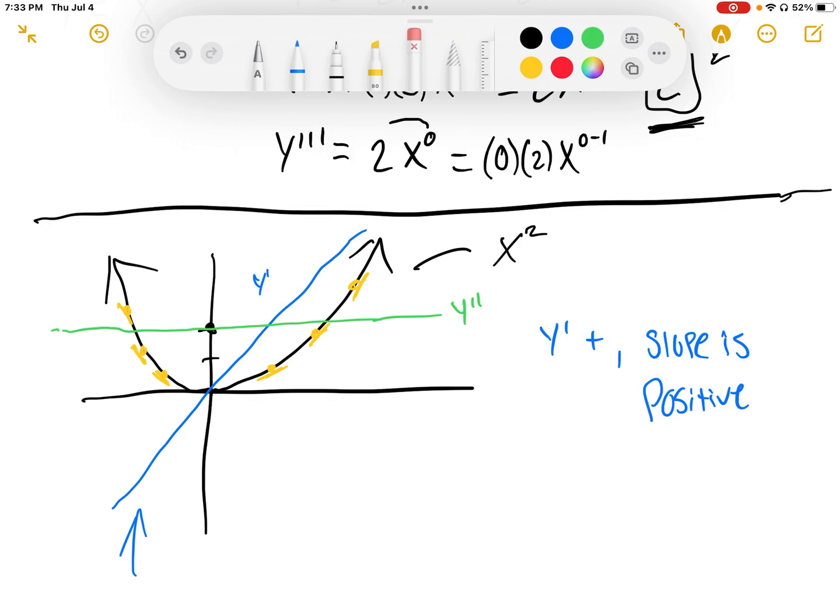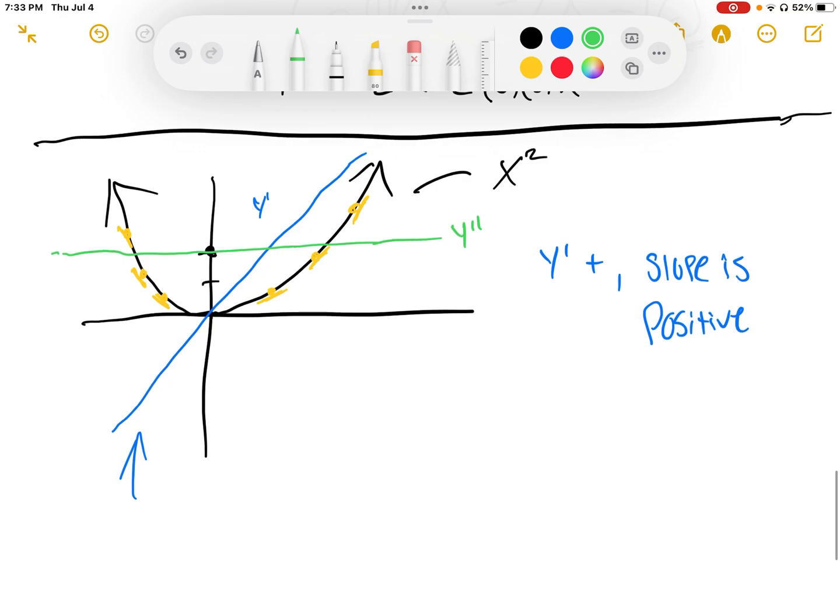But y double prime tells us that since it's always positive, that means that the slope is increasing throughout the whole function. So as you can see, we start off really steep downward, but then we get slightly less downward, slightly less downward. We hit zero right at this point.